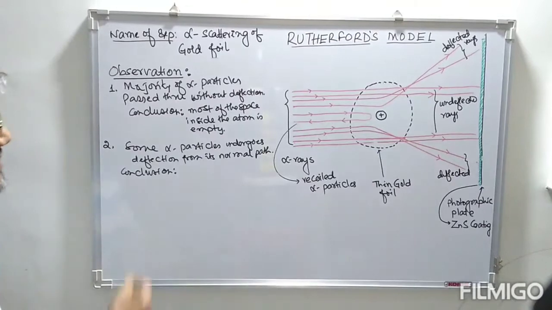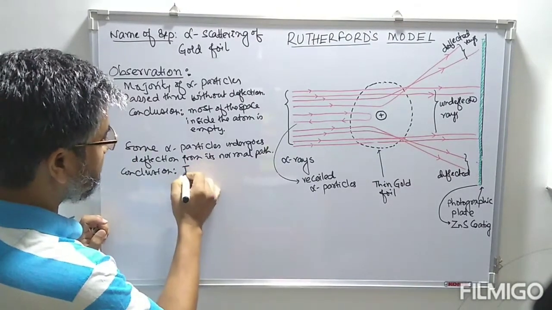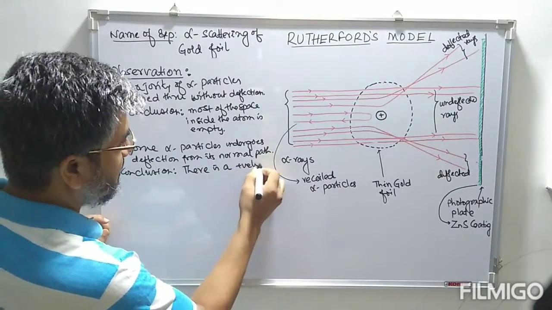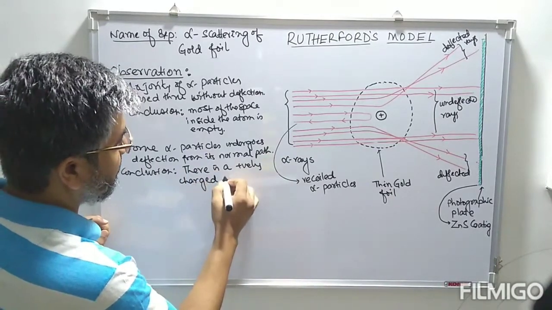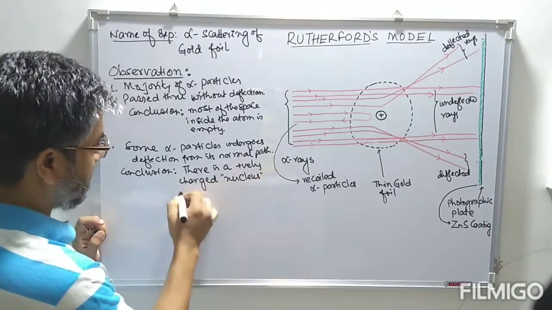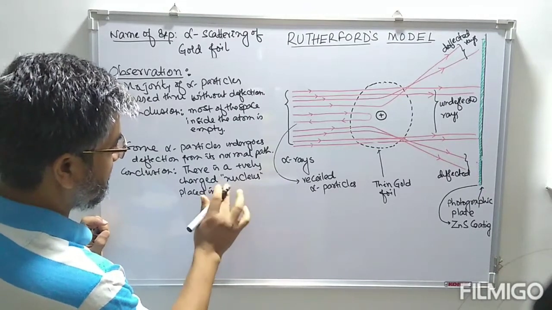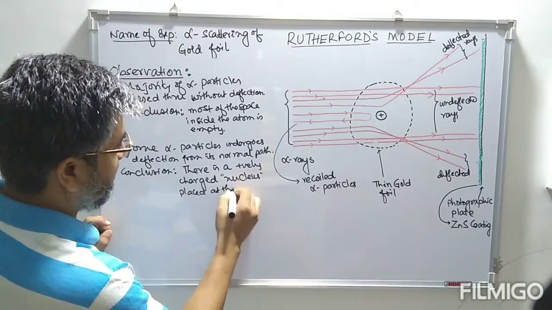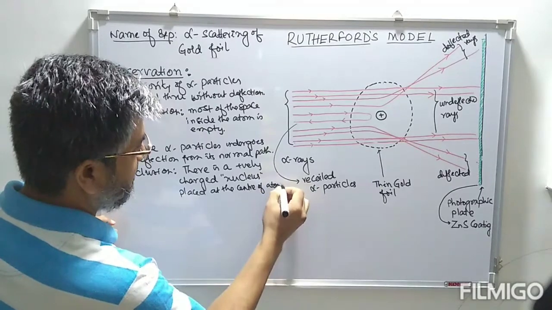So the conclusion from this second observation is that there is a positively charged nucleus placed at the center of the atom.